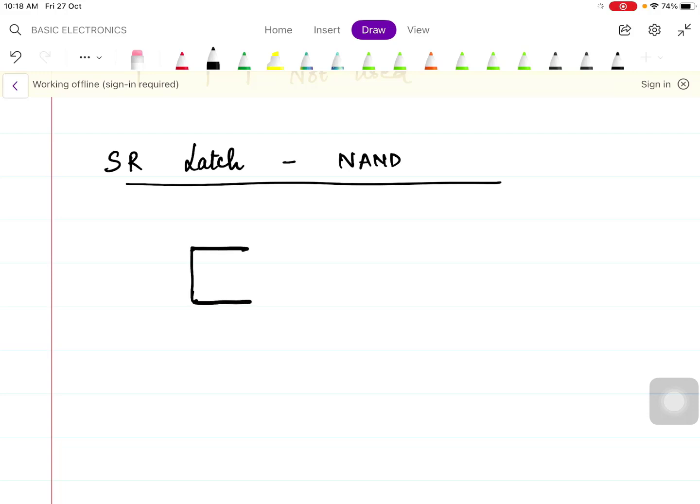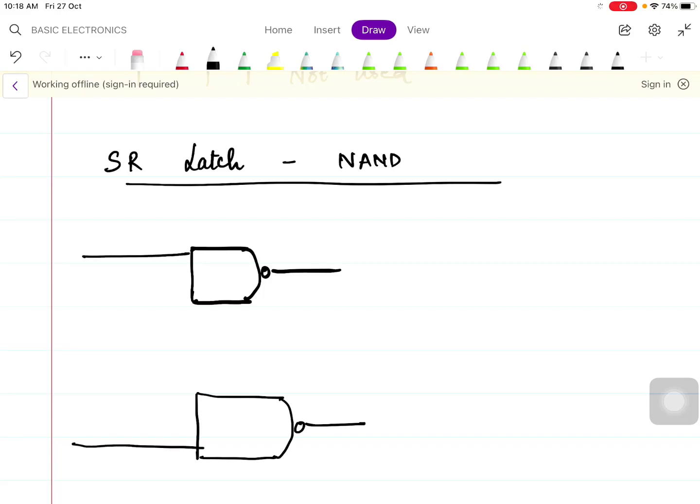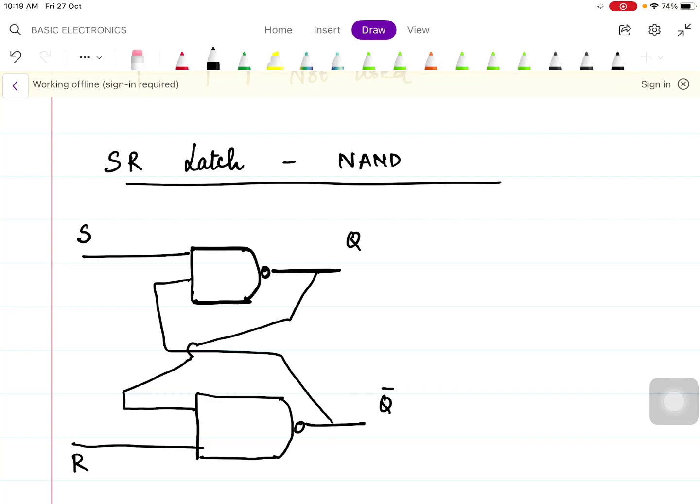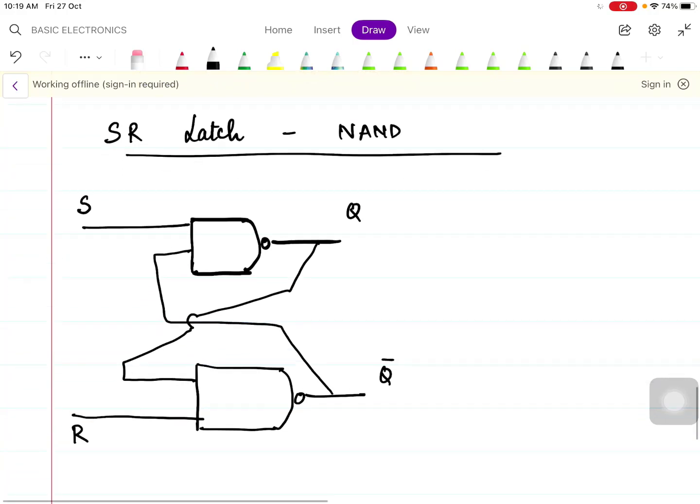Here we will draw the NAND gate instead of the NOR gate, with two inputs in a similar manner, but here it will be S first and R downwards, Q and Q bar the same. In the same manner, the outputs of each of the NAND gates are fed as inputs to the other NAND gate. So this is the SR latch using NAND gate. I hope the circuit is clear.